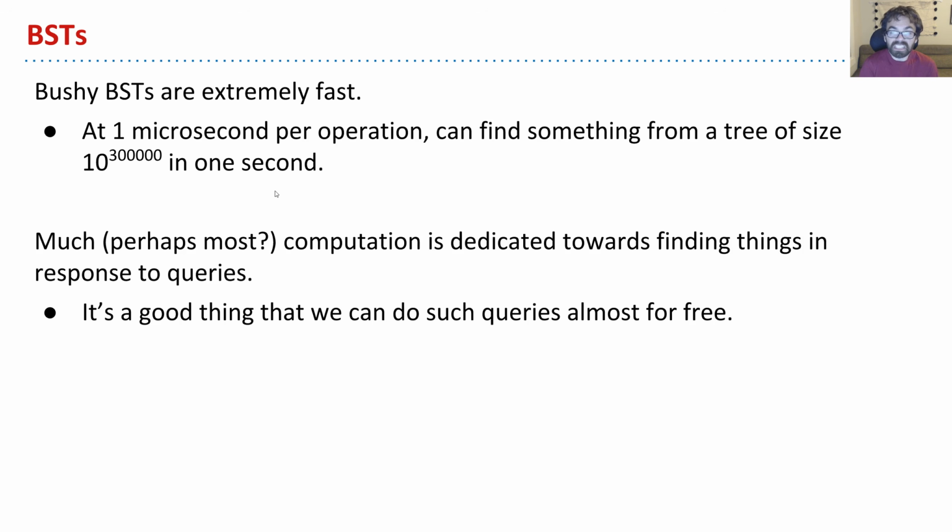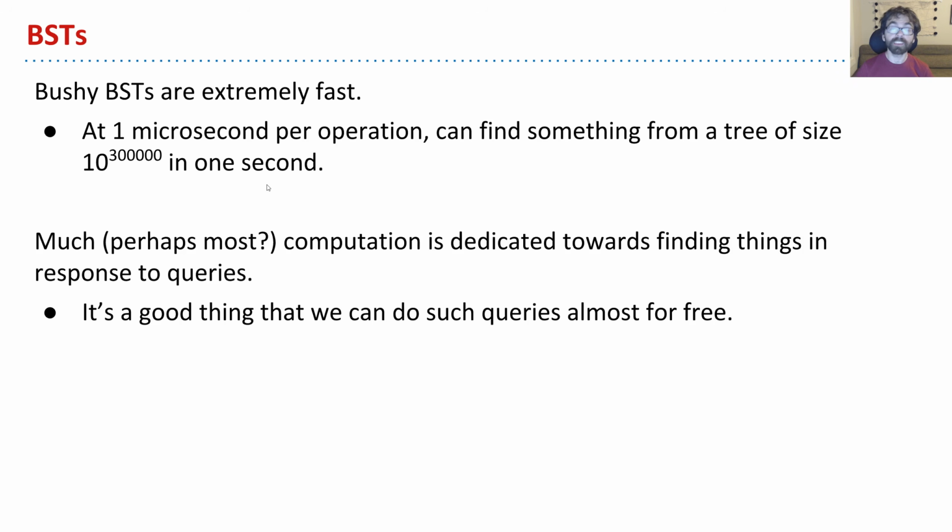And what's kind of nice is that most computation time these days is, arguably, dedicated towards finding things in response to queries. Like I go to Facebook and I search for something, or I go to Google and I search for something. Or I'm using a spreadsheet in Excel and I want to sort by some number of rows. There's a lot of lookup happening in that process, like finding things.